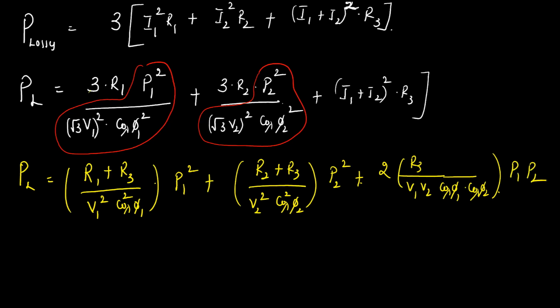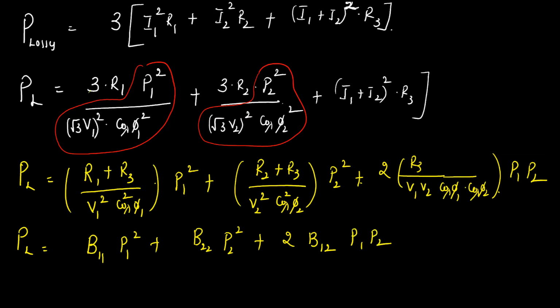Understand? This is the loss formula. So I can write PL is equals to this. Everything is a constant because the voltage is constant, power factor is constant. So I can write this one as B11 into P1 square plus this one as B22 into P2 square plus 2 times B12 into P1 P2. Understand? So these are called B coefficients.